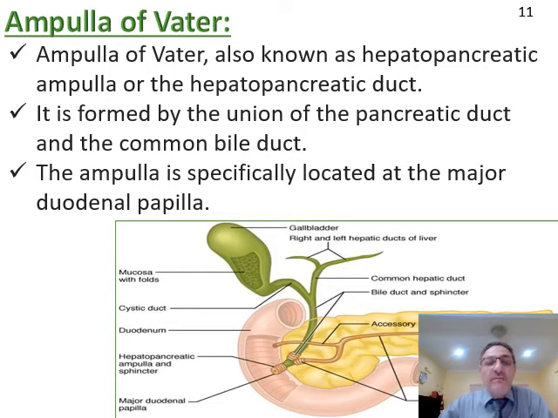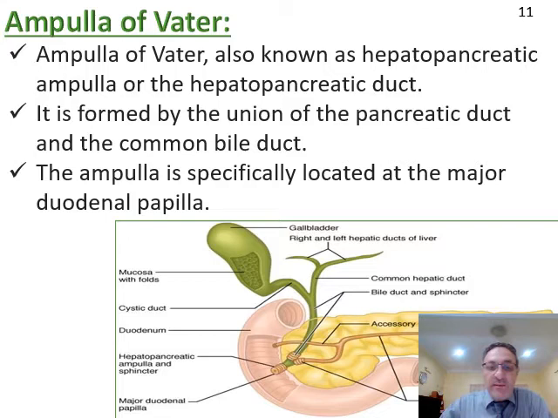Ampulla of Vater, also known as, I mentioned, hepatopancreatic ampulla. It is formed by union of pancreatic duct and common bile duct. This is the cystic duct; common hepatic duct joins to form common bile duct, which joins with pancreatic duct to form hepatopancreatic ampulla and sphincter.